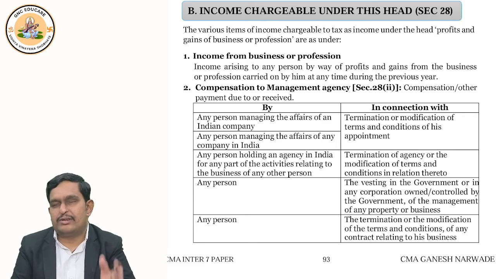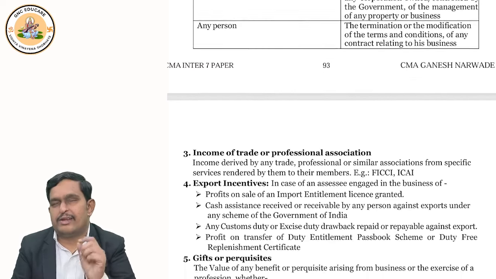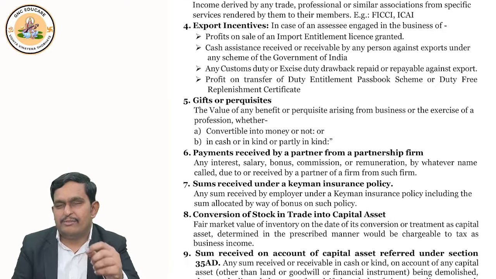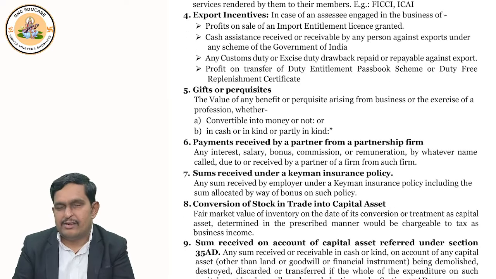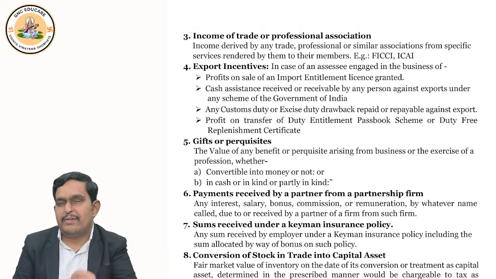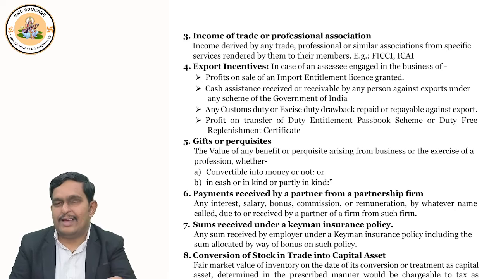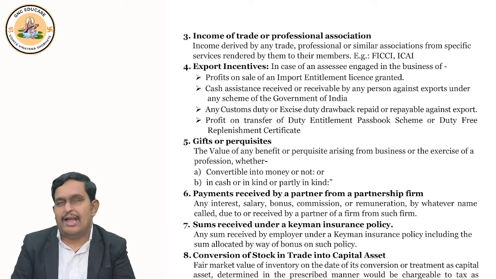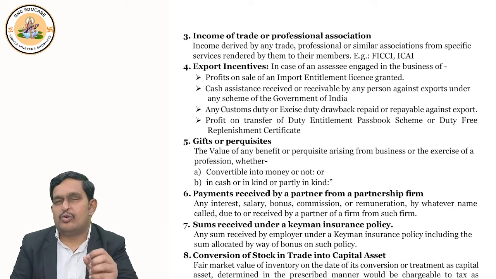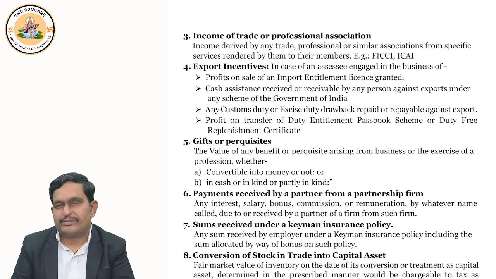So, when we discuss trade associations and professional associations, they have something called a membership concept. So, they receive every year a certain amount from their members. And they conduct a lot of programs. For that, they charge fees. And there may be many other ways through which the trade or professional associations earn income.